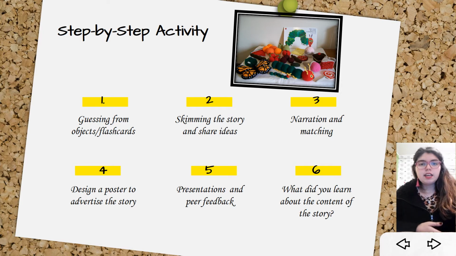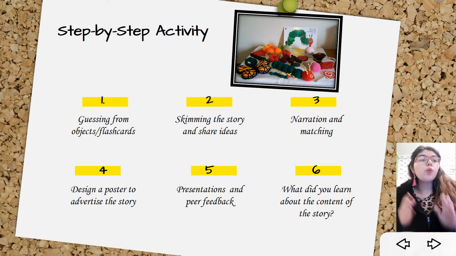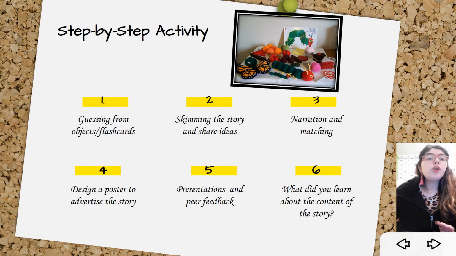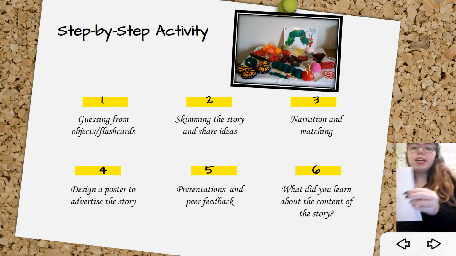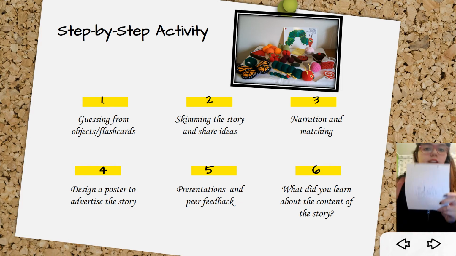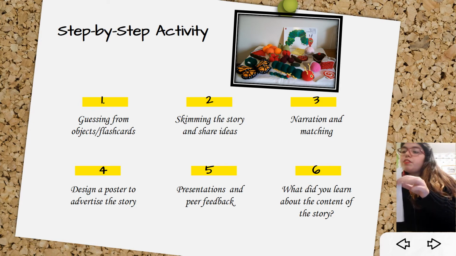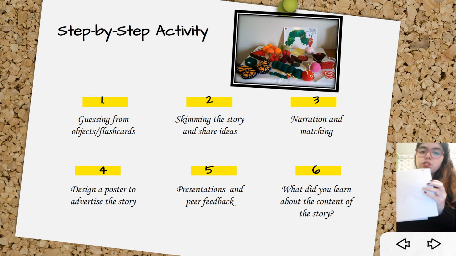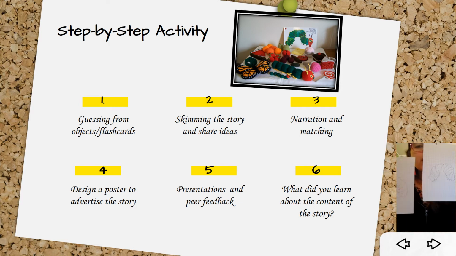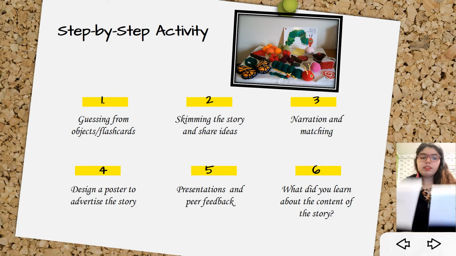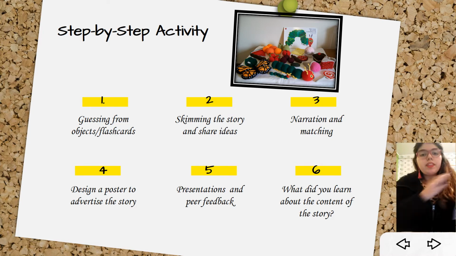For instance, if the narrator says, "One Sunday morning, the warm sun," they take the object or flashcard that represents the sun, "comes up and pop, out of the egg comes a teeny and very hungry caterpillar." So they take the flashcard or object that represents the caterpillar and put it in the correct order over the table. They will do this procedure with the rest of the story.